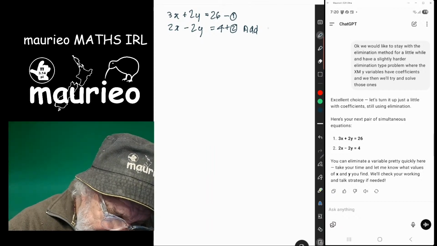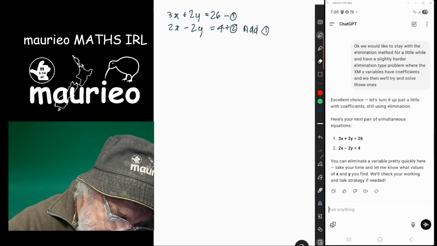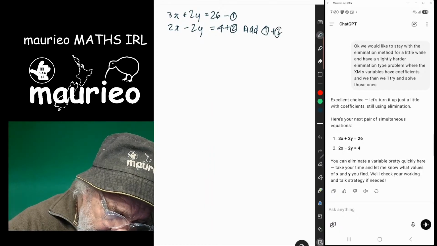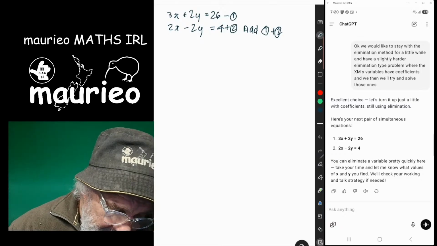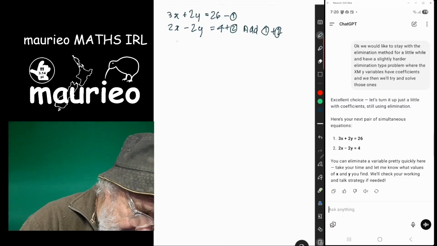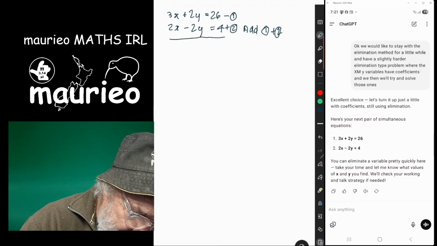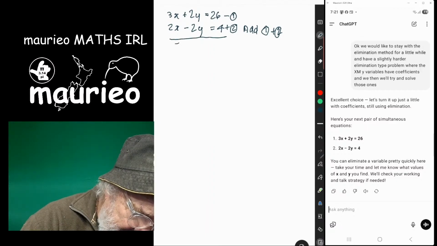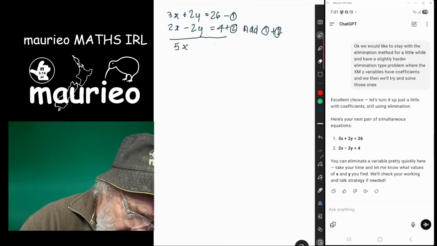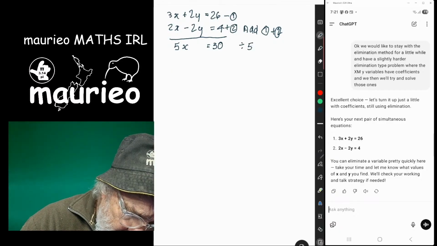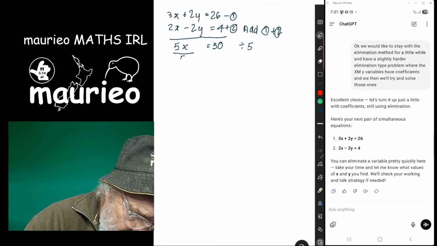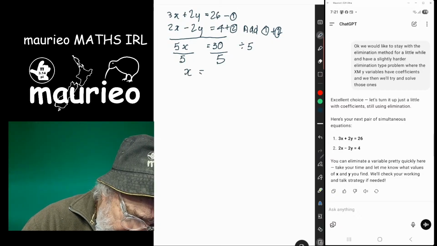So yeah, add 1 plus 2. So that's the equations. And so put a line under. That's going to be 5x equals 30. And then we'll divide by 5. x equals 6.